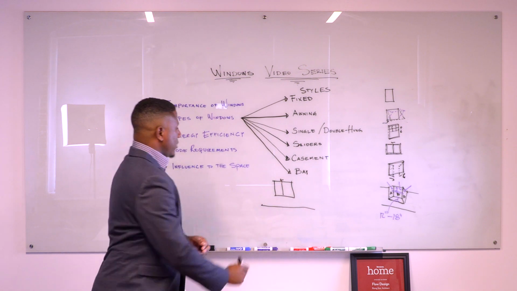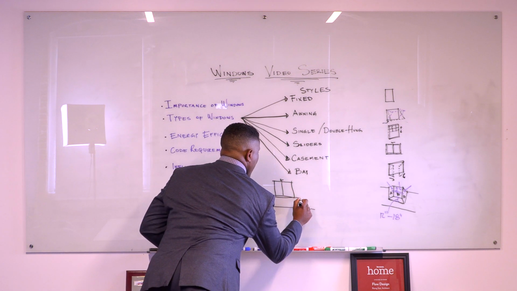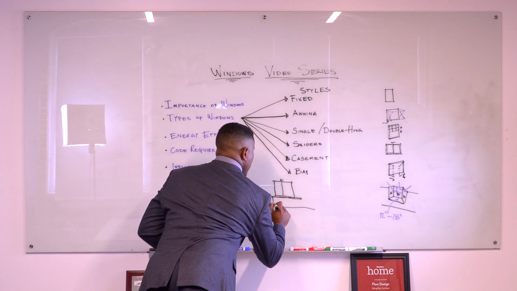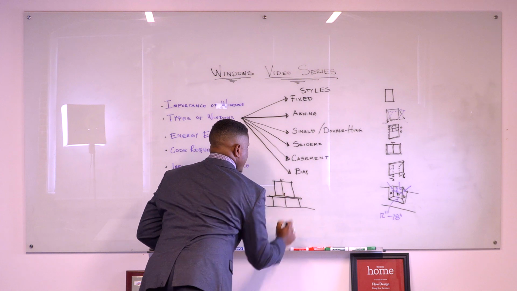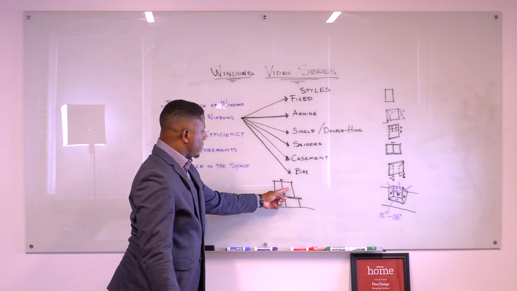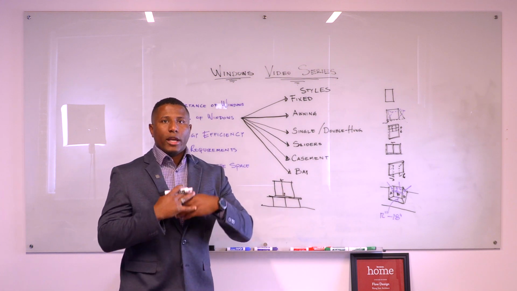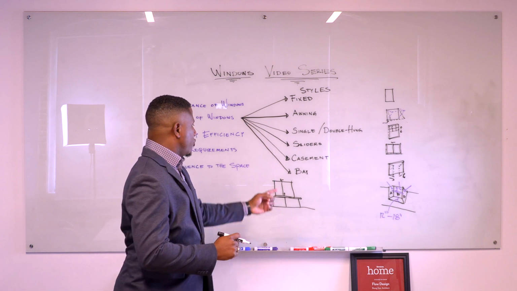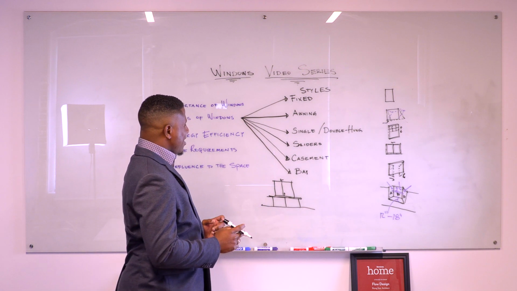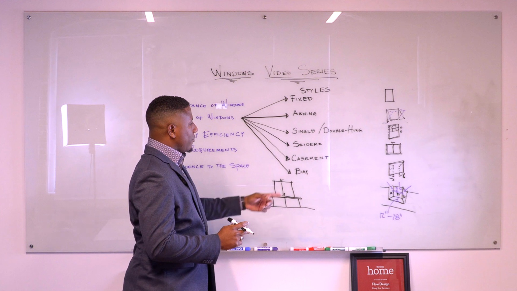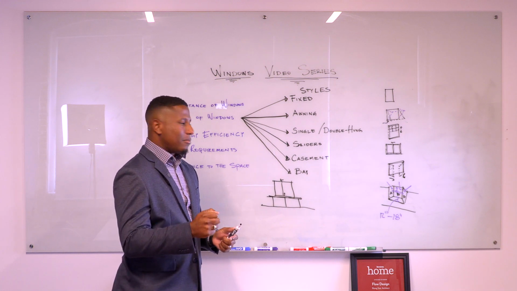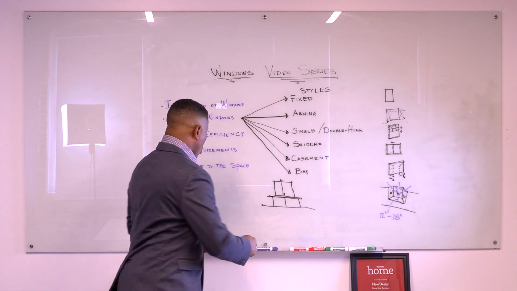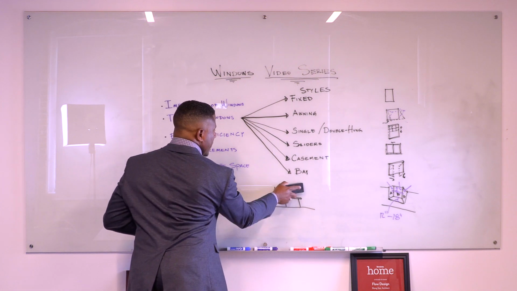Let's say you have a counter here, with your cabinets, and you have your sink here. Let's say you have a sliding window looking at your backyard, but you decide, hey, maybe that might not be the right kind of application. Maybe you just don't want to operate the window that way.